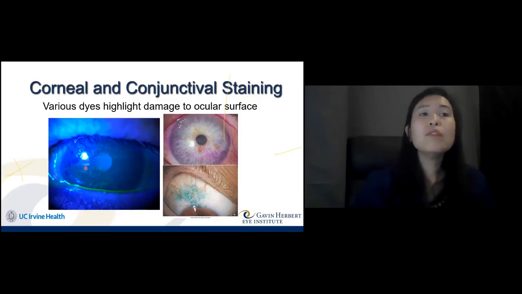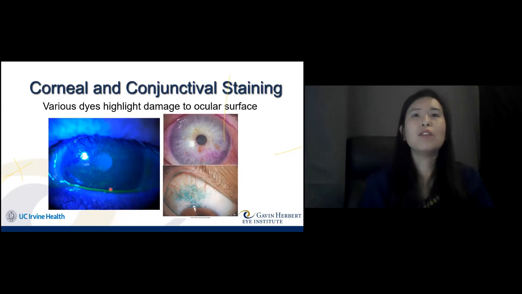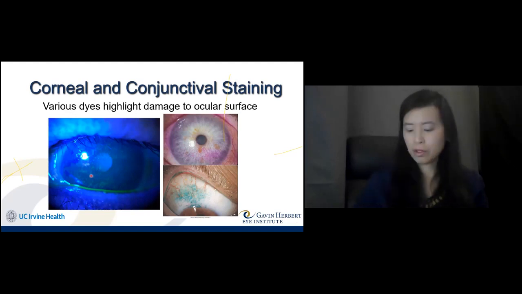So you can think of all of these spots as little microscopic scratches. And if you've ever had a scratch on the eye, like a corneal abrasion, you know that hurts horrifically. So no wonder patients with dry eye complain of things like burning and pain and soreness, because especially when you have this much damage on the corneal surface, it is painful. So we want to get that to heal.